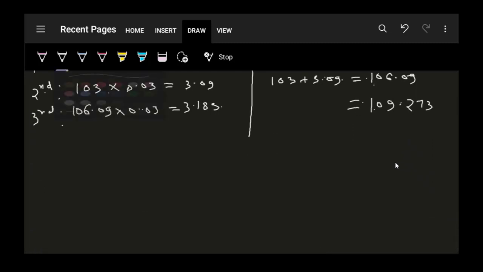And similarly, at the end of fourth quarter, the interest amount will be 3.278 and the last balance will be 112.551.